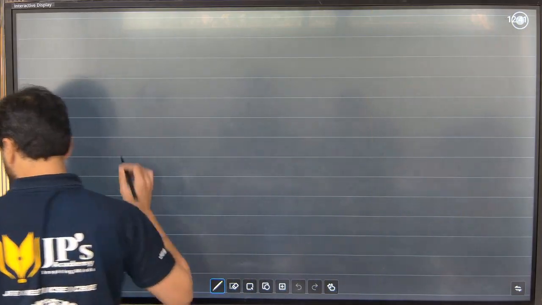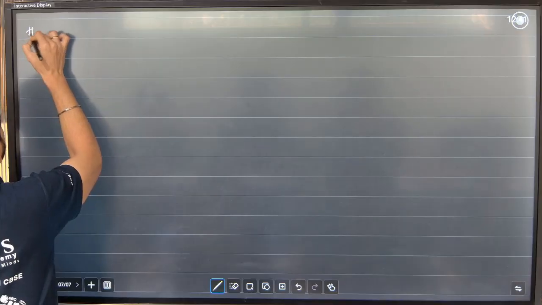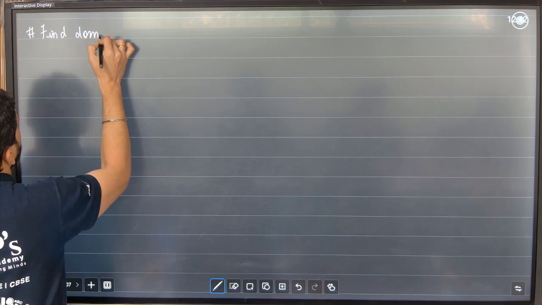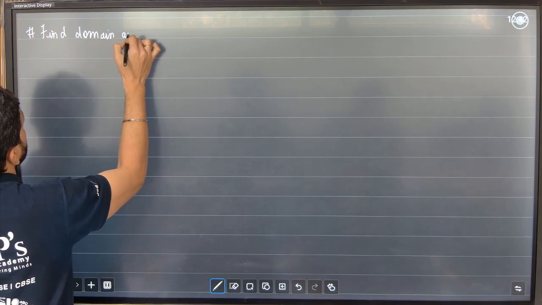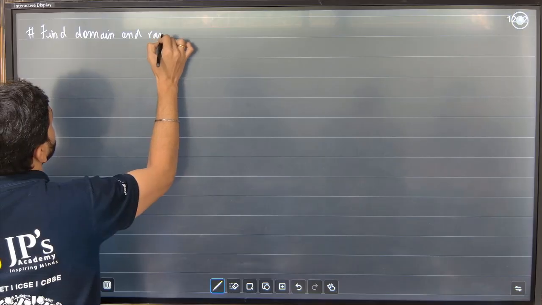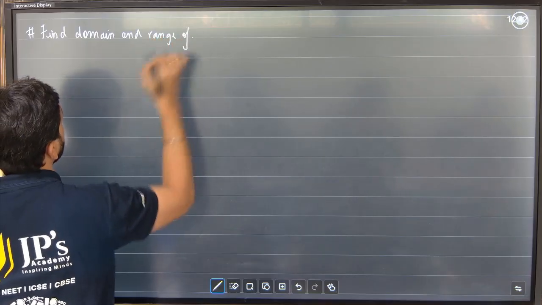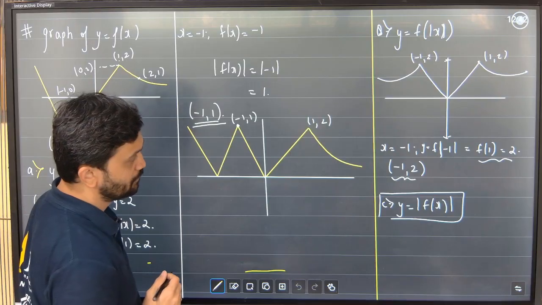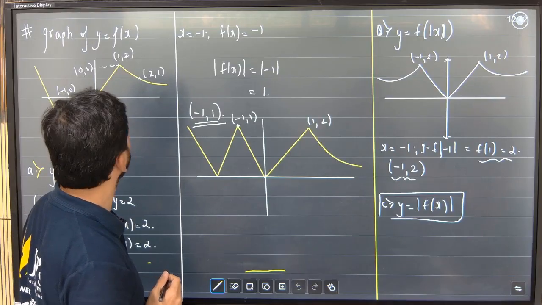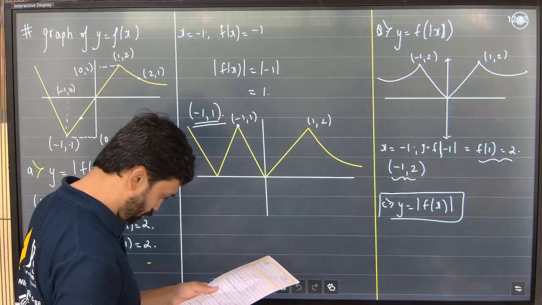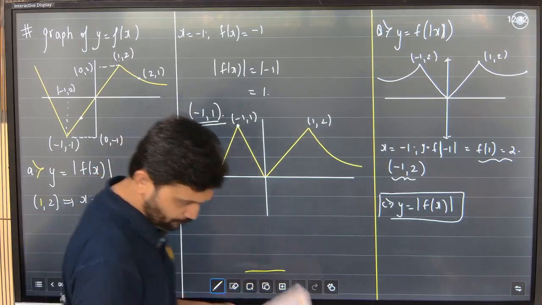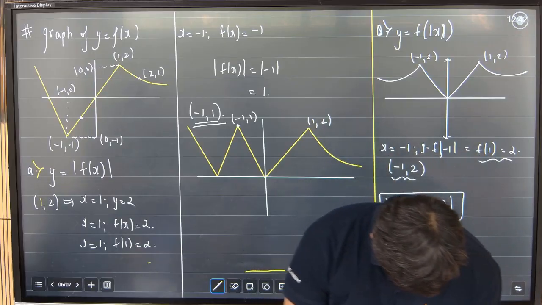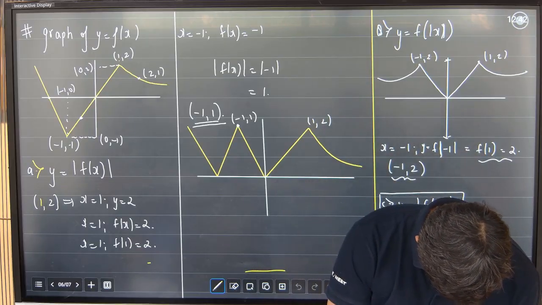Now, one question. Find the domain and range of mod of f of mod x.